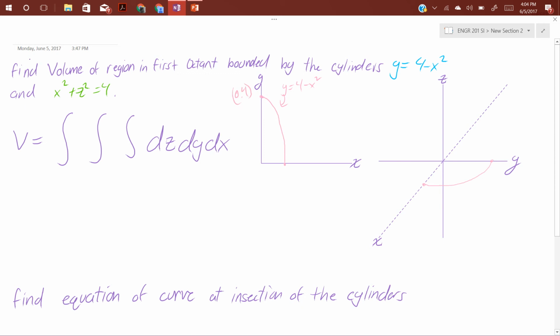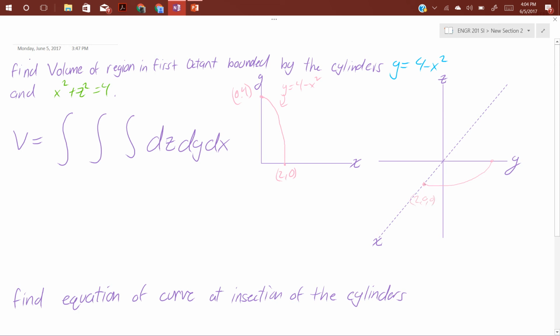Where y is 0, we have x squared equal to 4, which means x is equal to 2. So this is 2, 0, which is good, since if r is equal to 2 on the other cylinder, these points are going to match up. So right here is going to be 2, 0, 0.